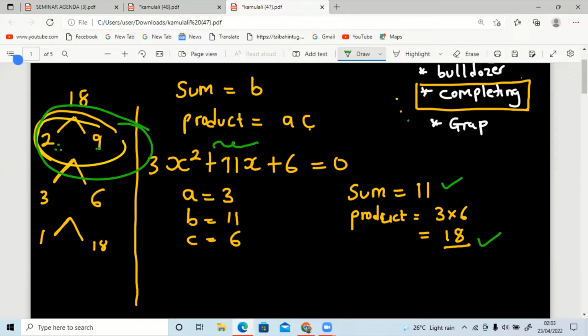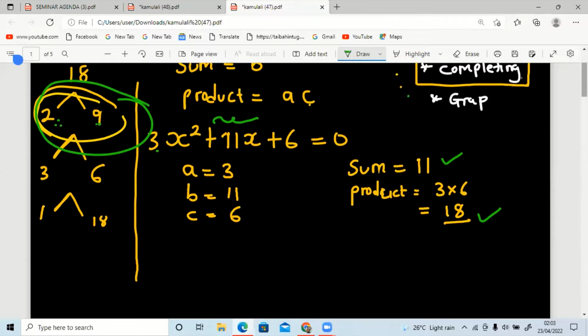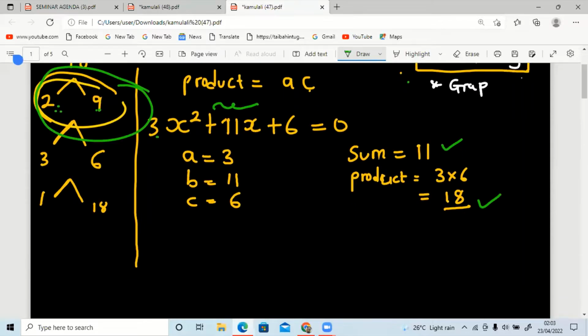So that is why when she was solving, Anita, that's why she had to multiply the a and the c. At times, because we are used to the coefficient always being 1, take x squared plus 6x plus 9 is equal to 0. What is our coefficient of a? 1. Good.